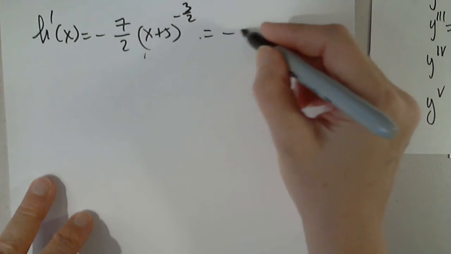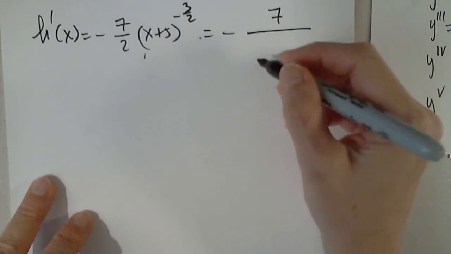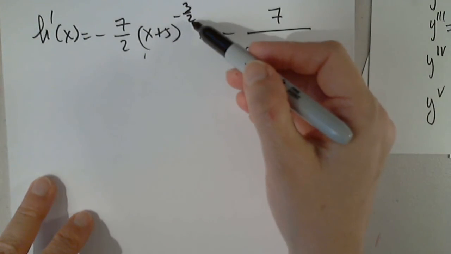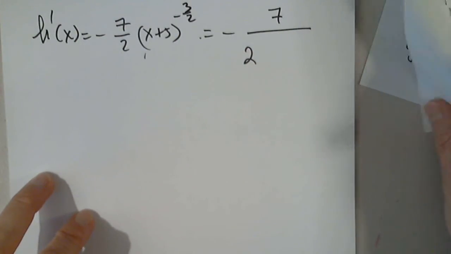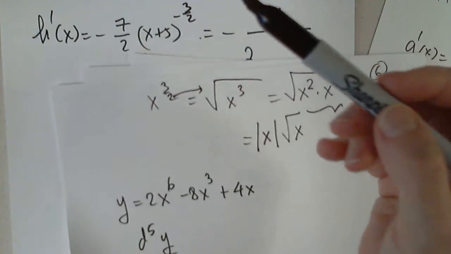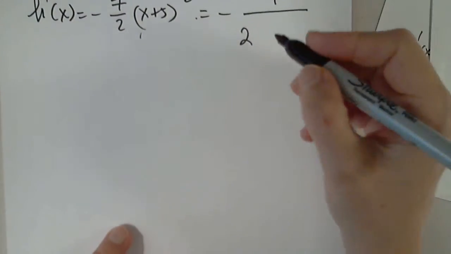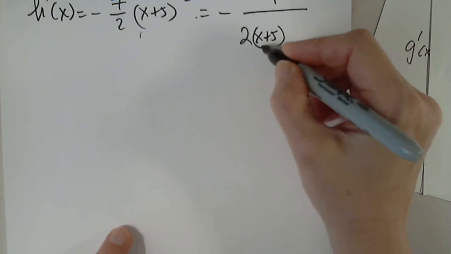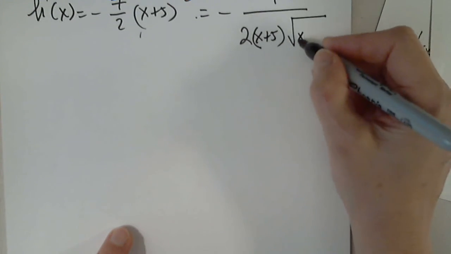I will rearrange as negative 7 over 2, and this is again the same power that we just had, power 3 over 2. So I will take one of them out as x plus 5 and the square root of x plus 5.